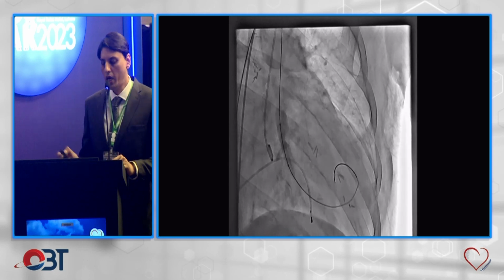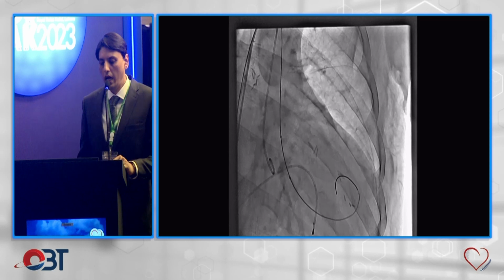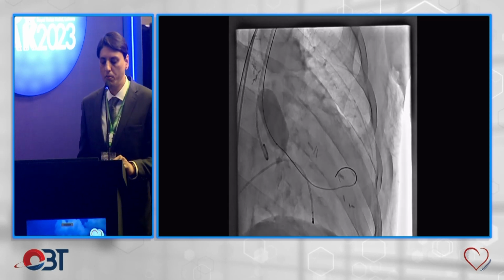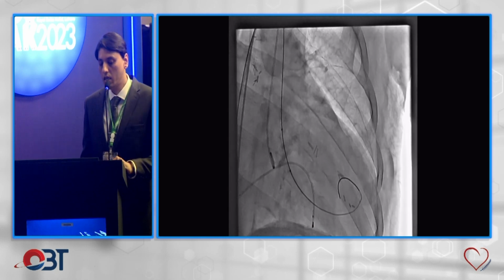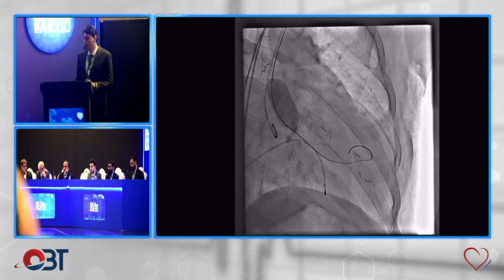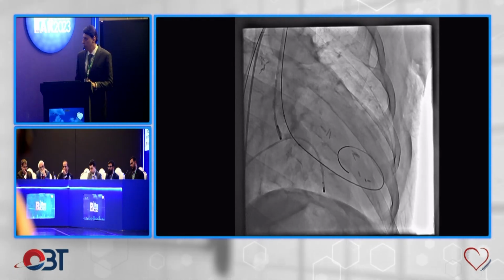So Lunderquist wire in the LV, we changed our strategy a bit. We pre-dilated it with a 23 mm balloon, and it slipped a couple of times. You can also appreciate the calcium at the aortic valve. It is clearly heavily calcified. It yielded.